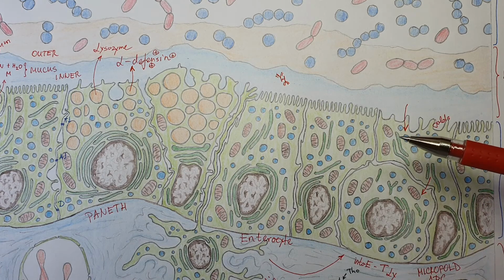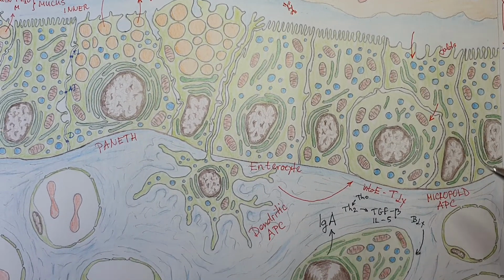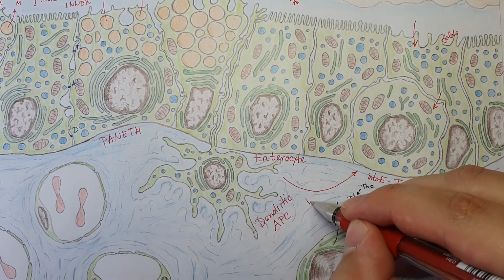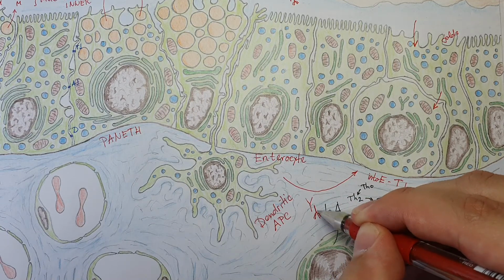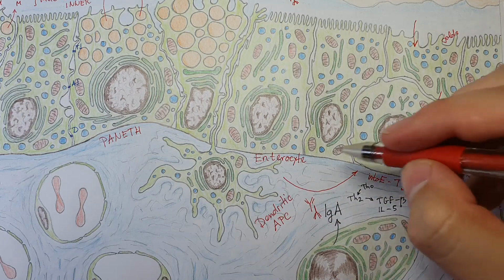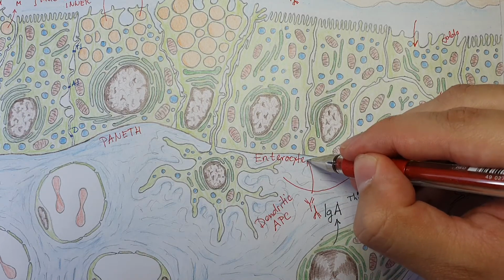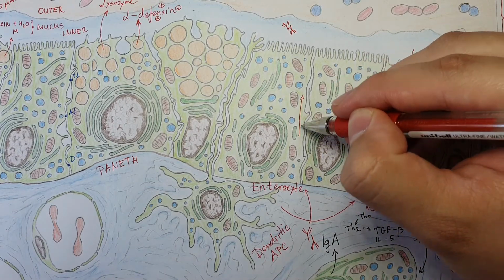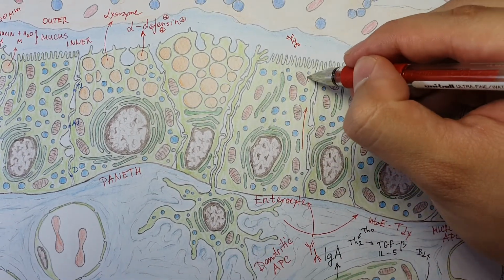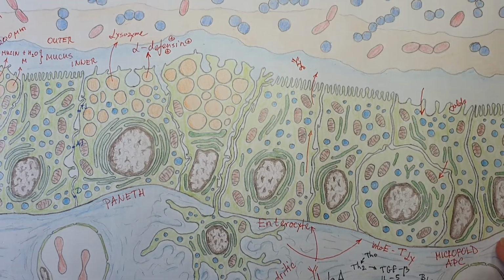Plasma cells have been created. The IgA molecule has been synthesized and released, and then it bound to these enterocytes. It was then pushed with transcytosis into the lumen and into the mucus.